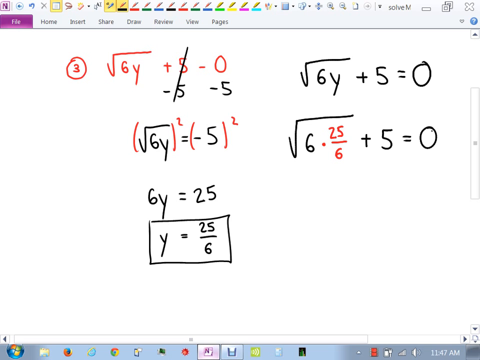Now, is this true? Well, the 6 here and the 6 here cancel, which gives me the square root of 25 plus 5 equals 0. The square root of 25 is 5. And so what I'm saying is 5 plus 5 is 0. And that's not true.